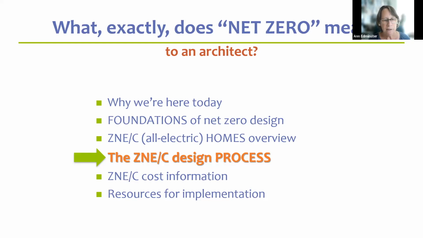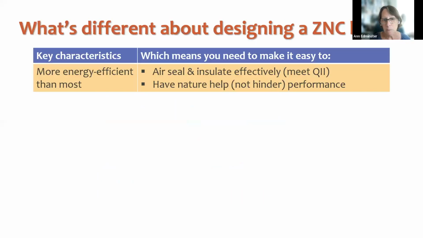We'll run through this a little bit more quickly. Last two sections are very short, so this one's a little bit longer, but I'm going to kind of zoom. So what's different about designing a ZNC home? As you now get the idea, certainly it's going to be more efficient than most. Couple of high points to focus on here are air sealing and insulating effectively.